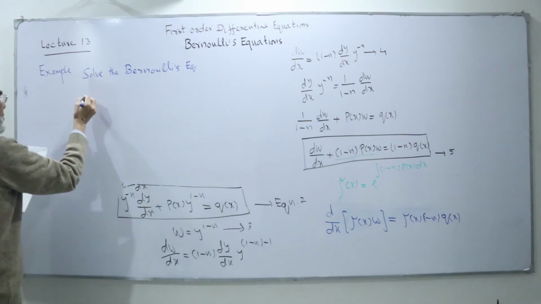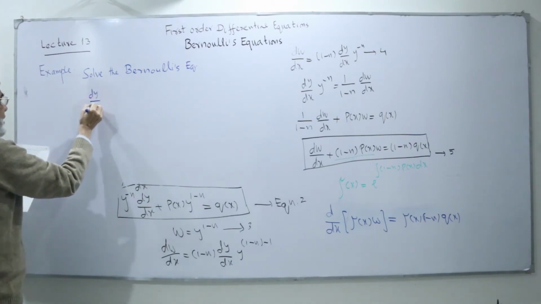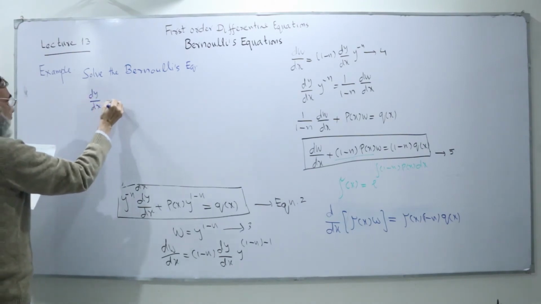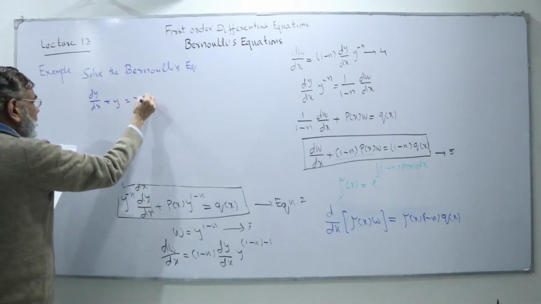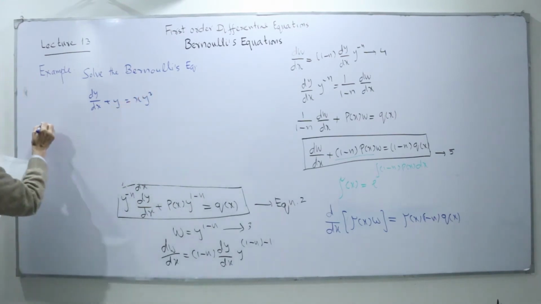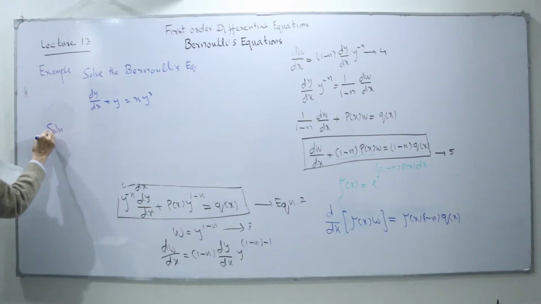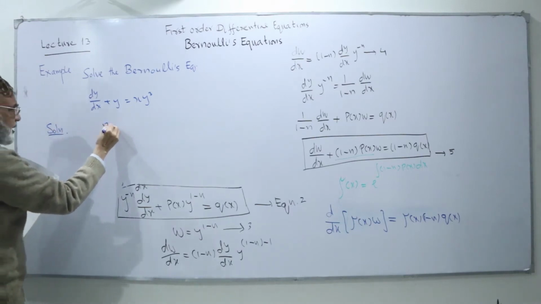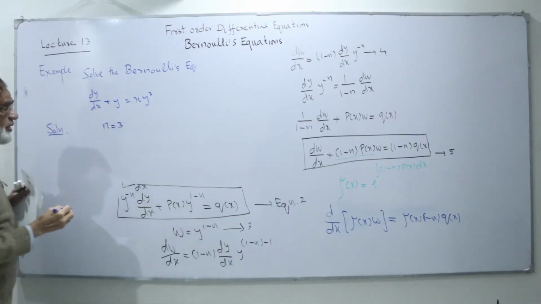Our differential equation given to us is dy by dx plus y is equal to x y to power 3. Here our n is equal to 3, so this is our Bernoulli equation.